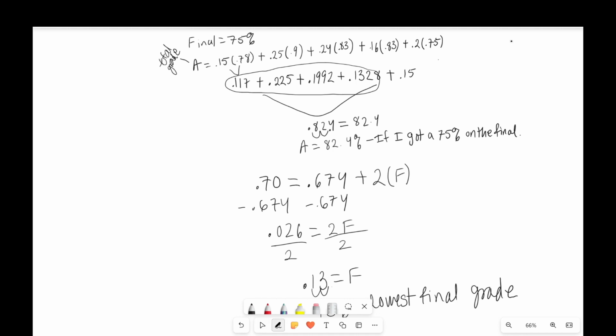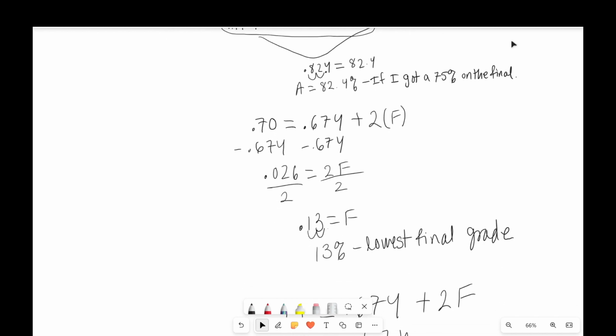So this 0.824 was if the final was 75%, and this is without the final at all. Without the final, my average is 0.674. Then I subtracted 0.674 from both sides, and I got 0.026, and then I divided by 0.2 on both sides, and that gave me 0.13.